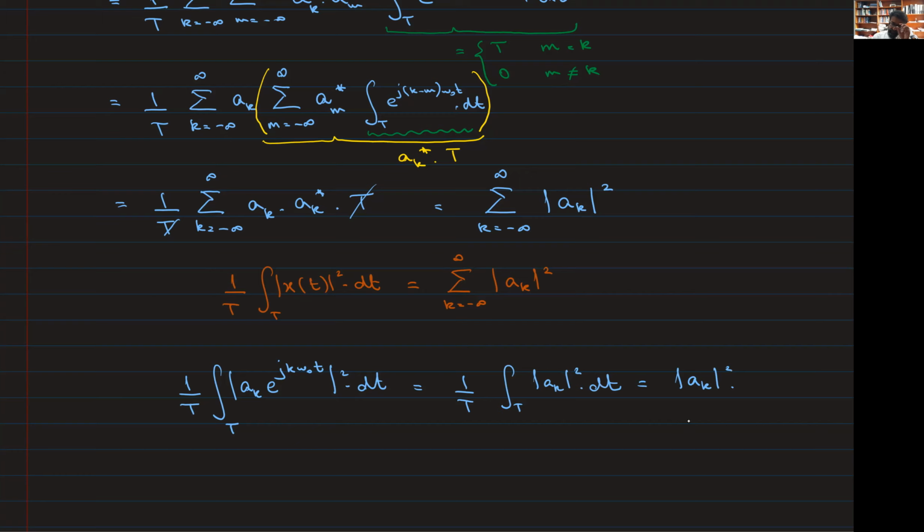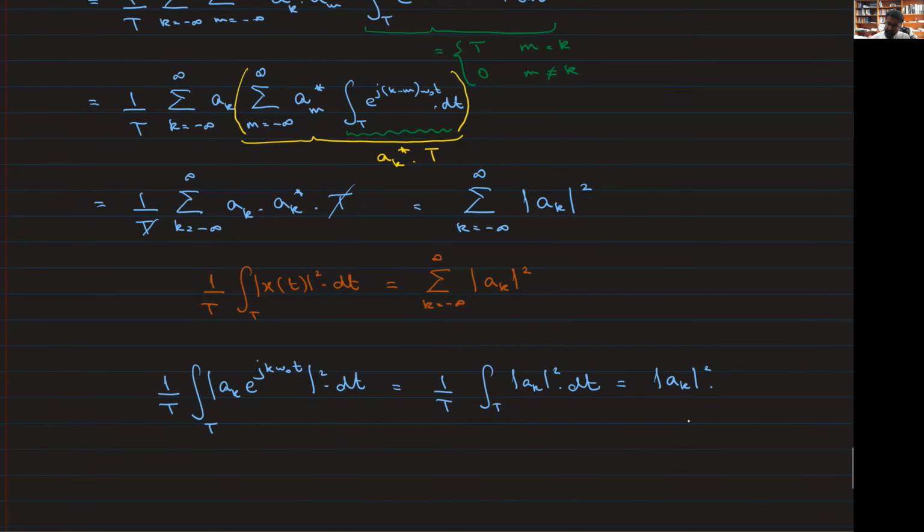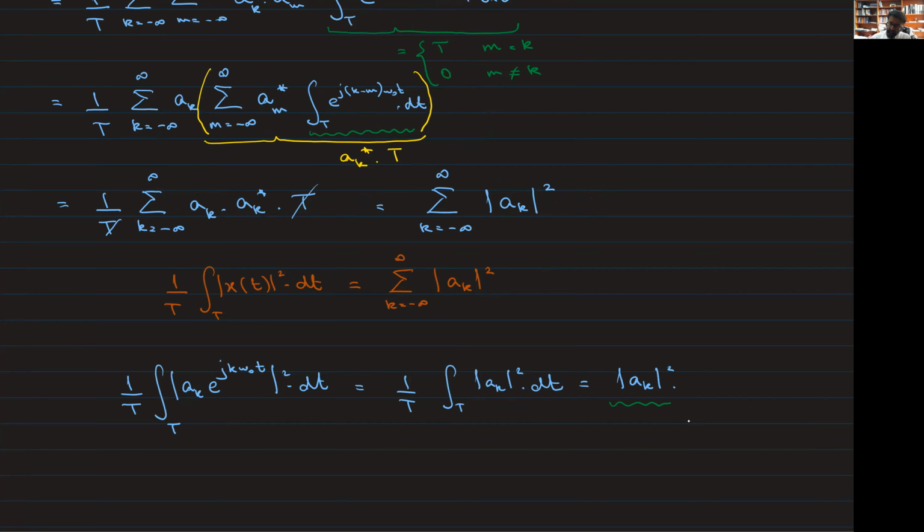So in that sense, what I'm saying is that a k squared is actually equal to the average power in the kth harmonic component, right? In that sense, the power in the overall signal is equal to the sum of the powers of each and every one of the harmonics. Okay?